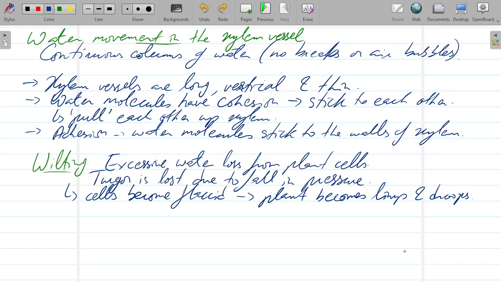So, what is the importance of transpiration? They mentioned the cooling effect, which I've already mentioned to you. And they mention perhaps it is so that mineral ions from the soil are transported in the xylem as well, along with the water.